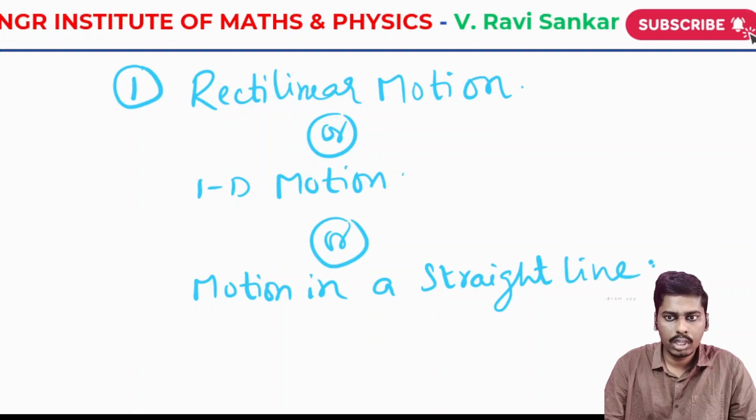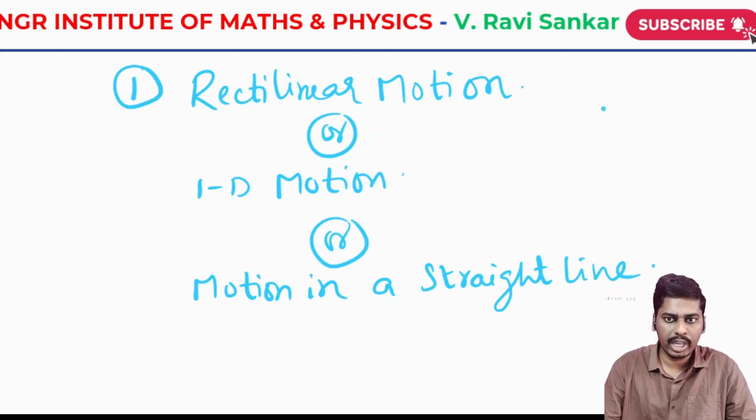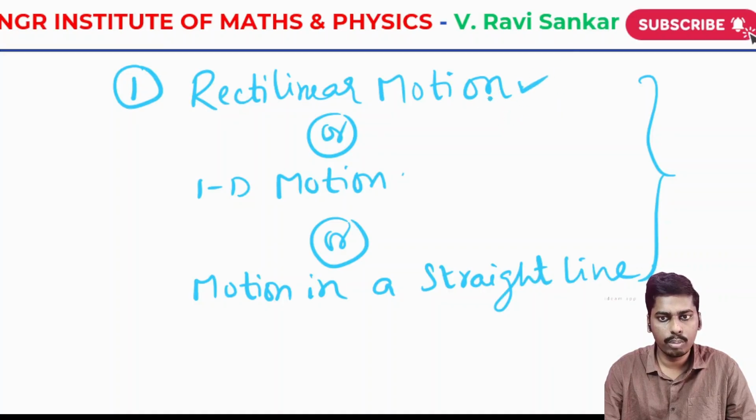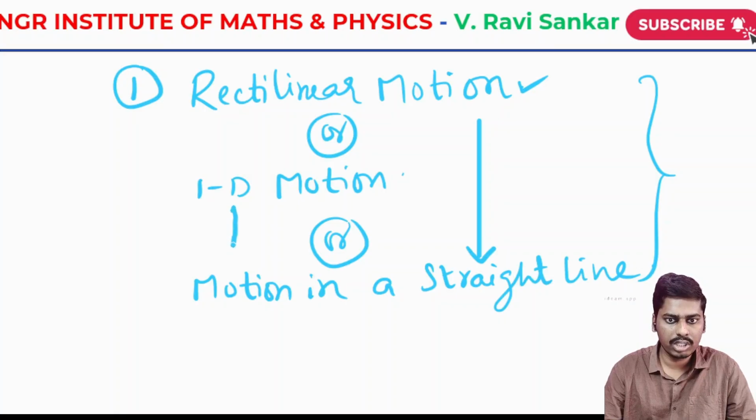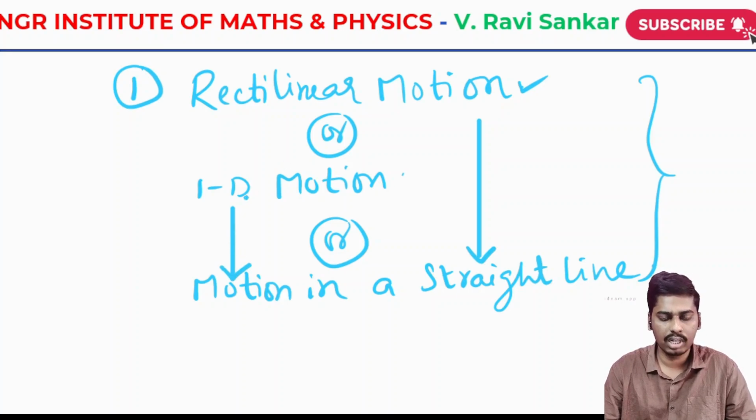You can call the first chapter by these three names. Don't get confused: if they say rectilinear motion, that simply means motion in a straight line. Or 1D motion, which means one dimensional motion, that means the motion is going to happen in one direction.